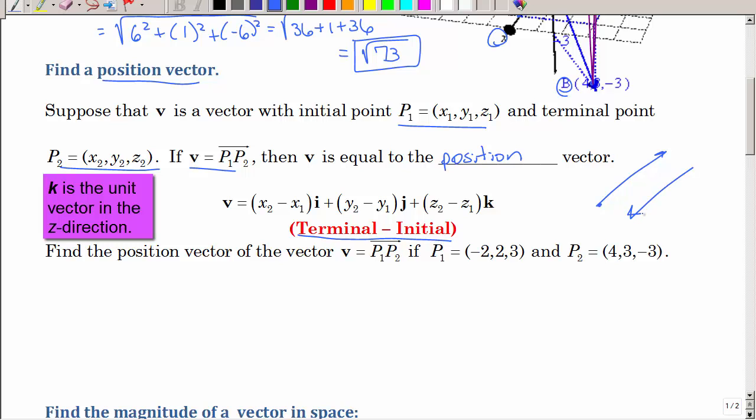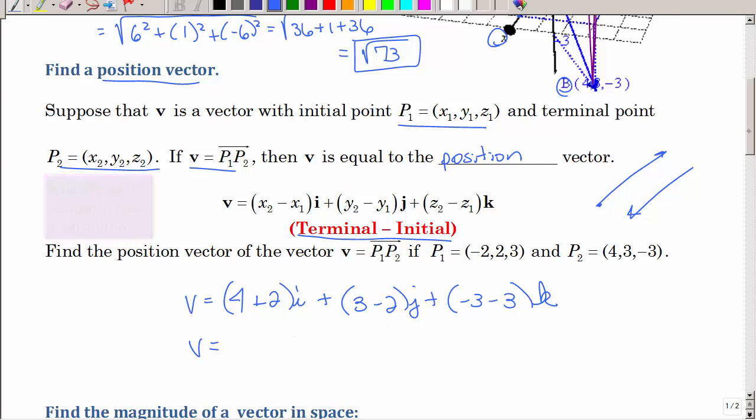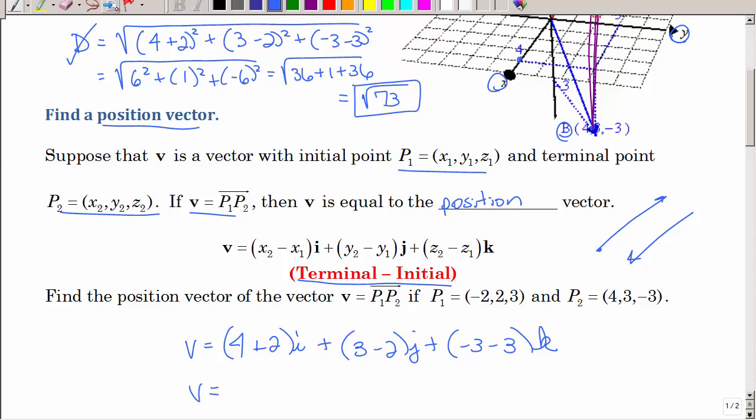So how do we find that position vector given these 2 points? Well, we would have 4 minus a minus 2 in the i direction, 3 minus 2 in the j direction, and -3 minus 3 in the k direction. That should look very familiar. That's exactly what I did when I was finding the distance.